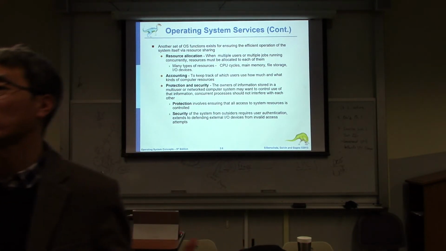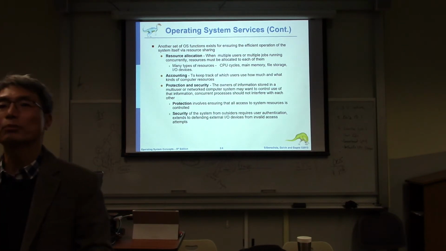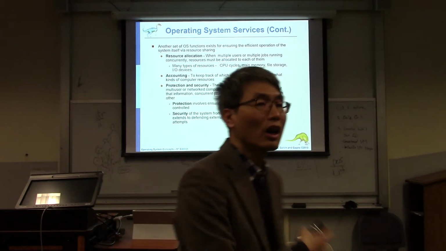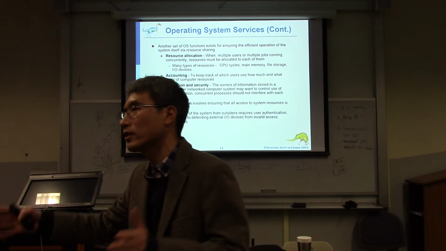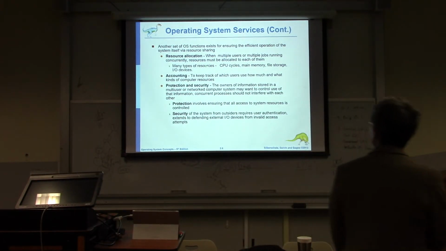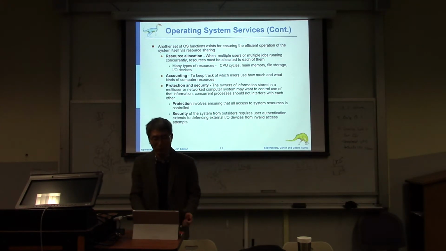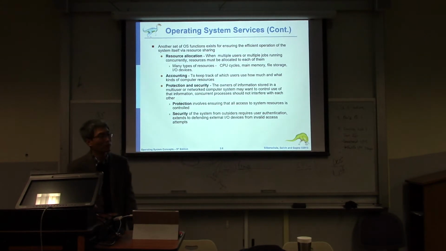Or you can create an SMP machine, like a 100-CPU computer, within 1 minute. Then how do you pay? AWS has such an accounting module: how long you have used it, what the capacity and CPU time were, and so on. So this can be used as accounting information nowadays. If you are interested in cloud computing, this is an important part of the operating system. There is also protection and security.